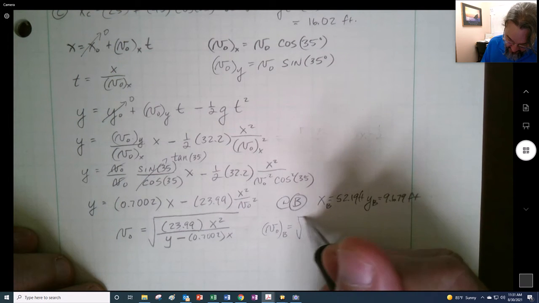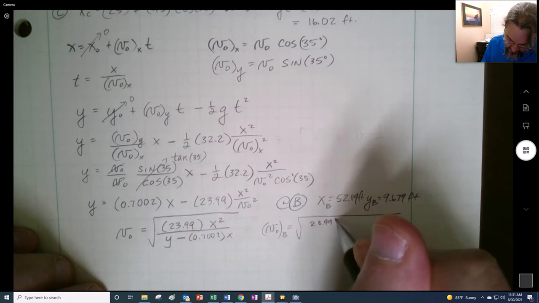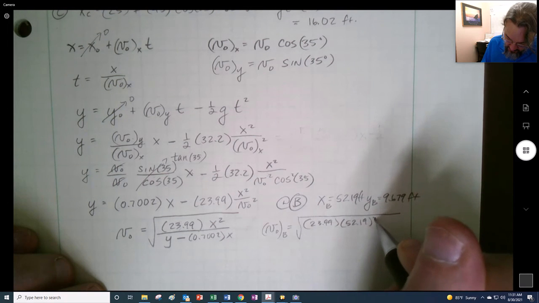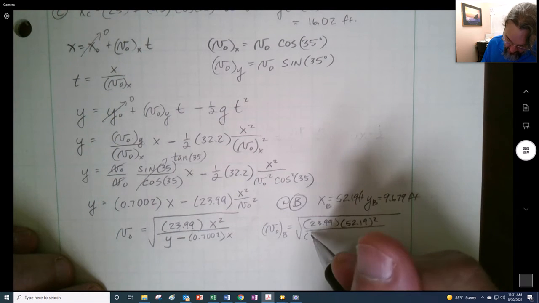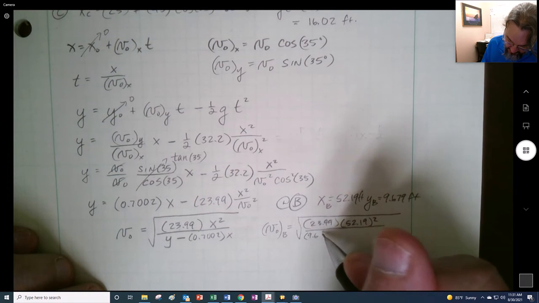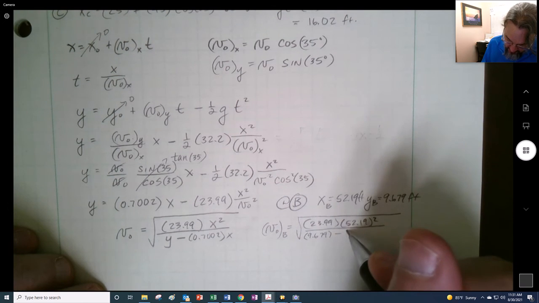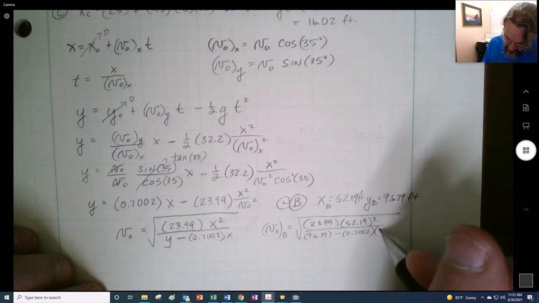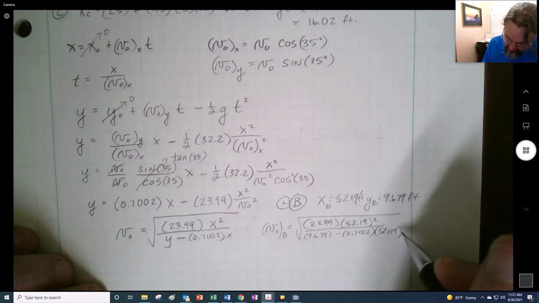It's going to be the square root of 23.99 times 52.19 squared divided by 9.679, yeah, minus 0.7002 times 52.19.